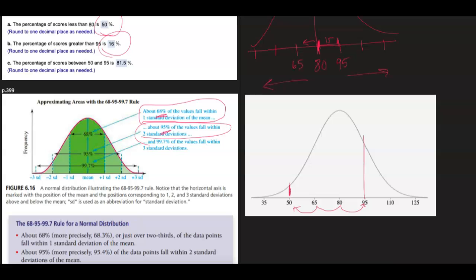If I didn't already know that, I would need to do that work. So I'm going to find, in other words, part of the region I don't want. I want the region here that's between 50 and 95, but I already know that this piece is 16%. So let's do something similar to find this piece below 2 standard deviations away from the mean.